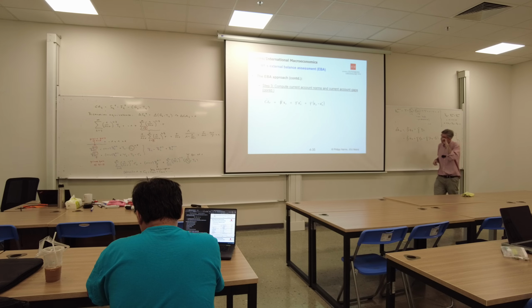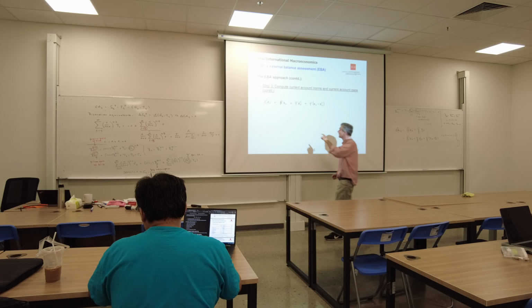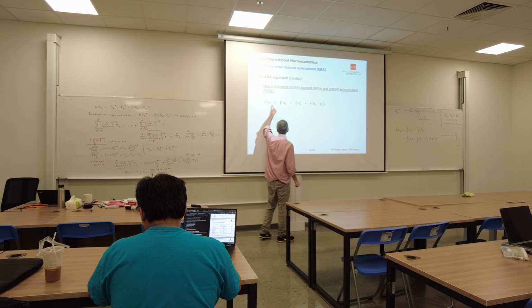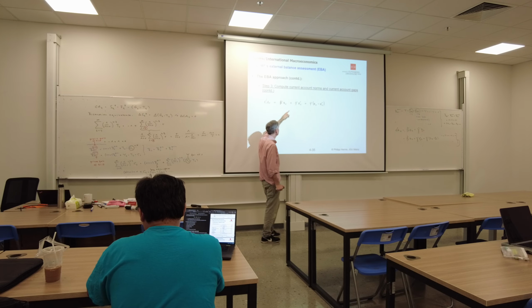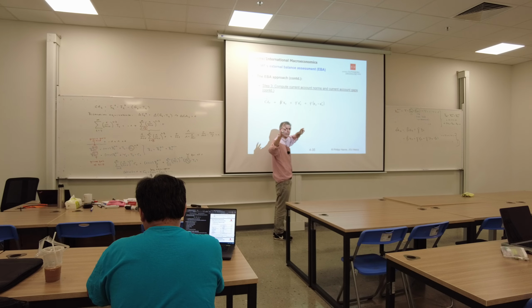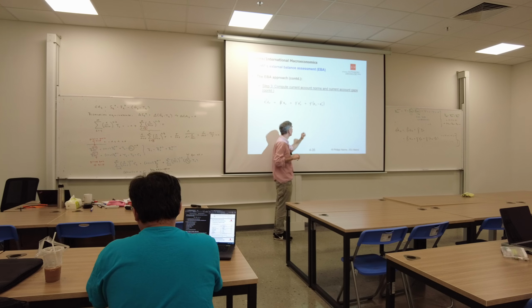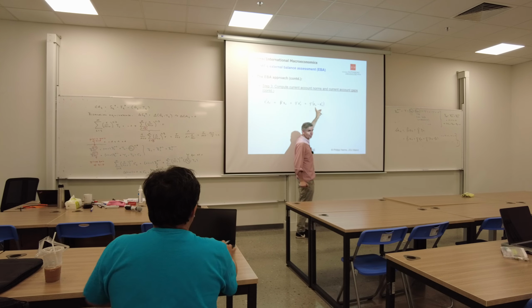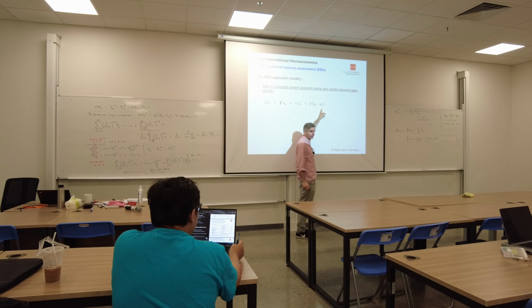Now, what is this good for? Well, this is good for saying this is what you would expect in terms of current account if the policy variables were at their desirable levels. And this is the deviation of the actual policy variables from their desirable levels.